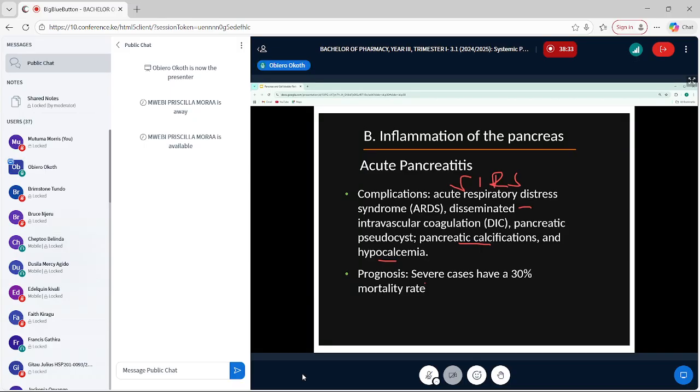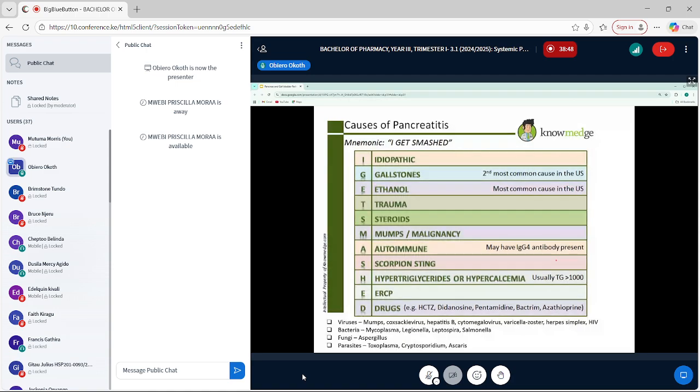By day 3, this guy is dead. Okay? That is when you have an extensive necrotic acute pancreatitis. And they are dying because of some of these complications.